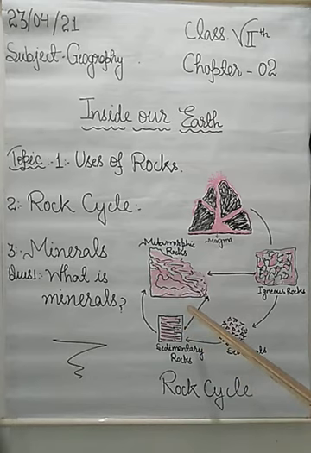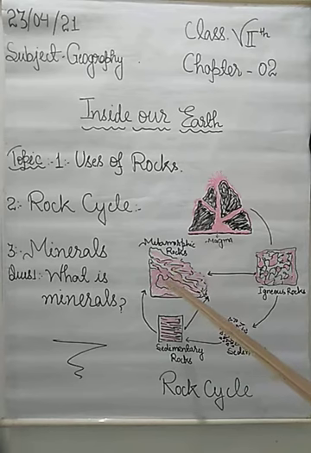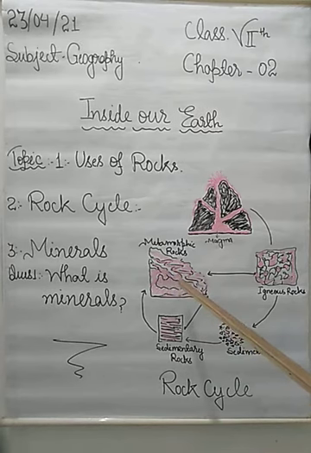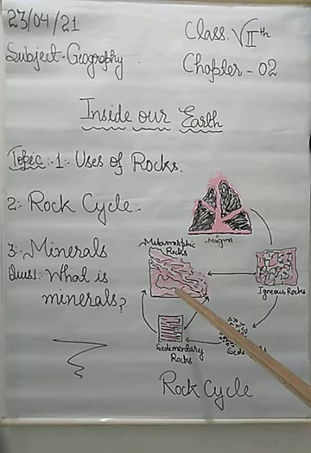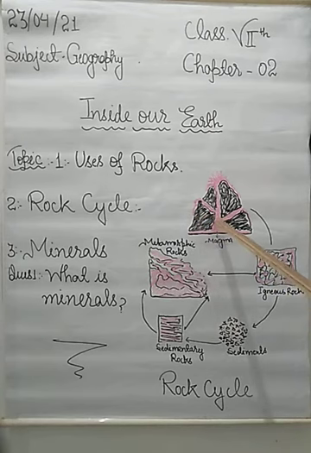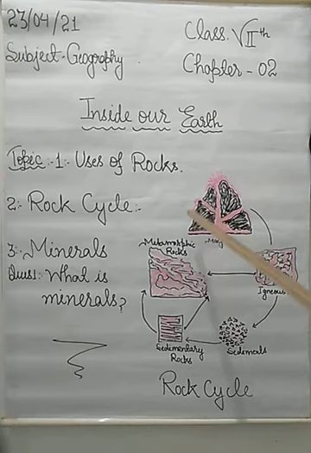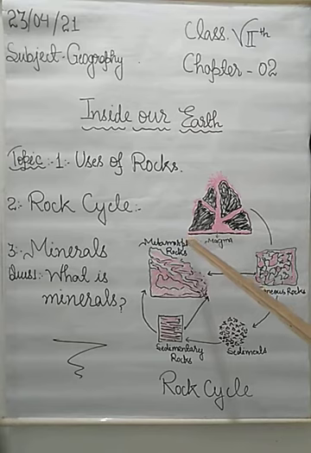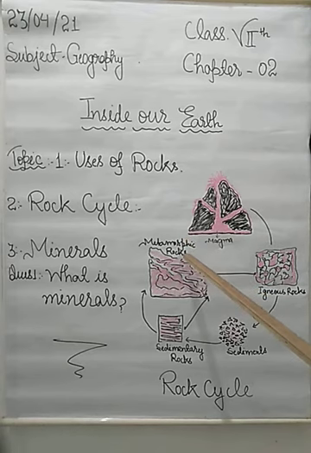And again, due to too much heat and pressure, this rock is changed into a metamorphic rock. And again, metamorphic rock can be changed into magma due to the eruption of a volcano, in which hot magma deposits on the metamorphic rocks, and this hot lava is responsible for the melting of metamorphic rock.